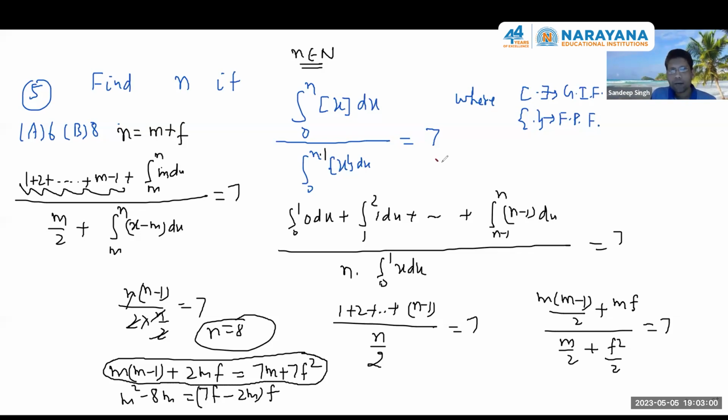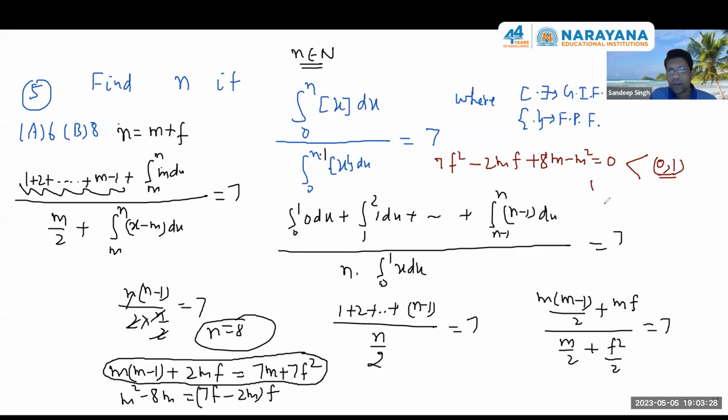So 7f square, I'm writing just above this. Rather, I should write like this: minus 2m into f plus 7m plus m. That will become 8m minus m square equal to 0. And we should look for all values of integers m so that a root of this must lie between 0 to 1.